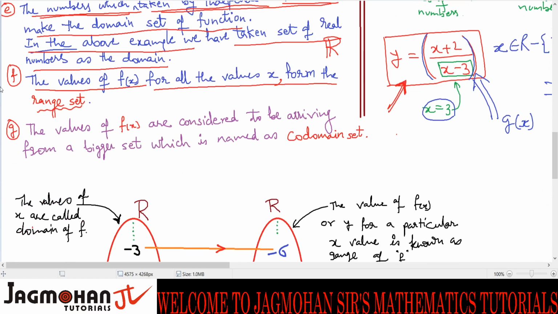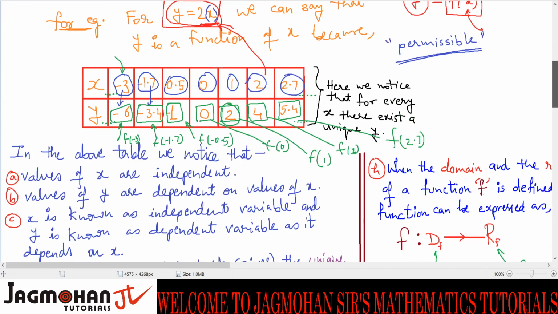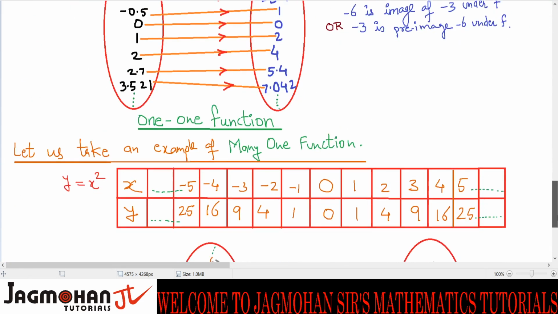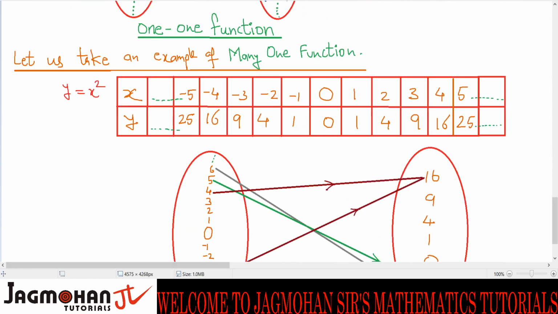That is what is written here: the values of f of x for all the values of x form the range set. So what is the range set here, students? These numbers will form the range set, whereas the x values form the domain set. It is continued in the next video.